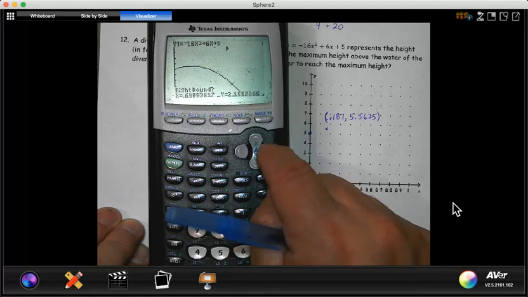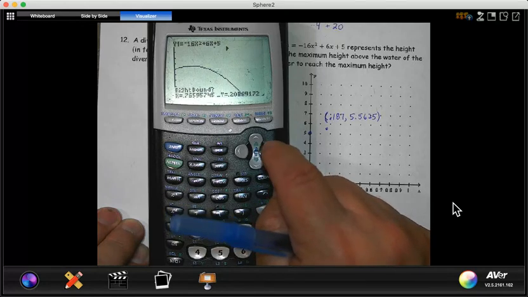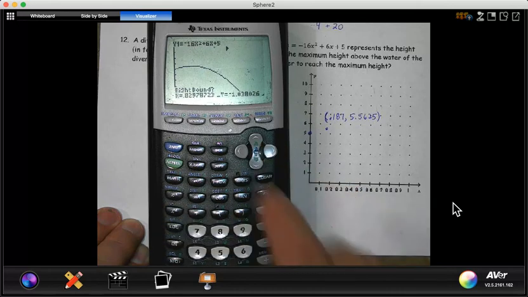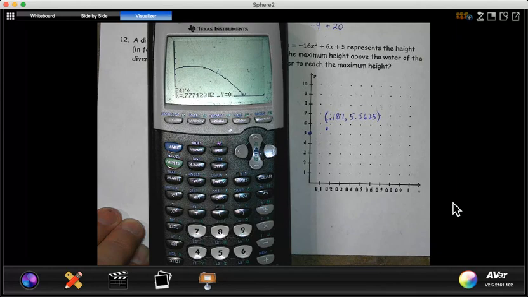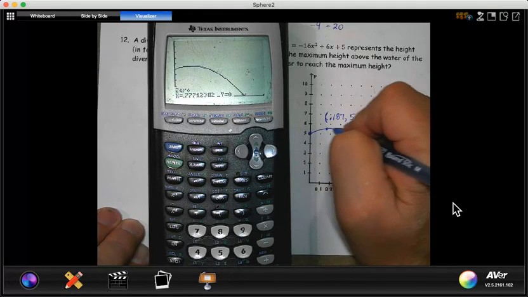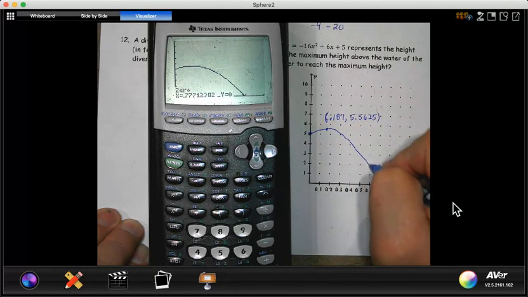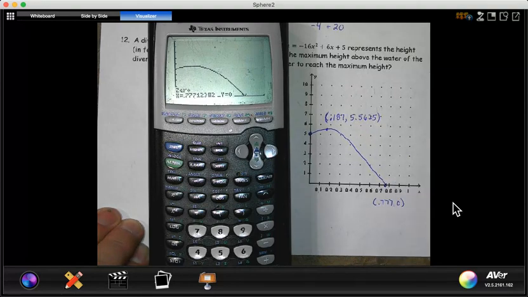Then I'm going to set my boundary. I think I've got to go underneath it a little bit, to the right of it. There I go. I'm underneath it. Can't see it anymore. Enter, and then enter. So it goes in the water at 0.777. That's at 0.777, comma 0. So there's my parabola. There's the diver.